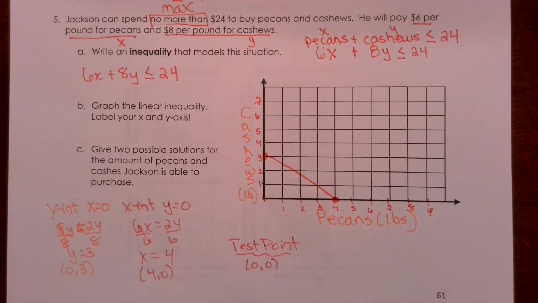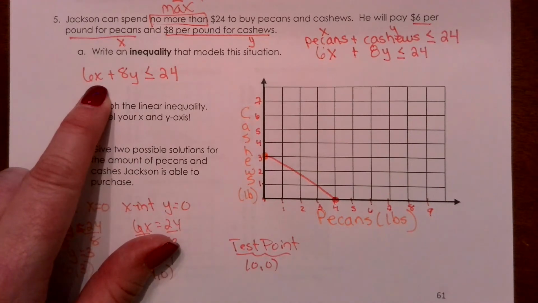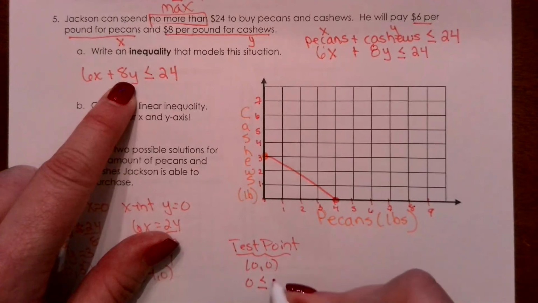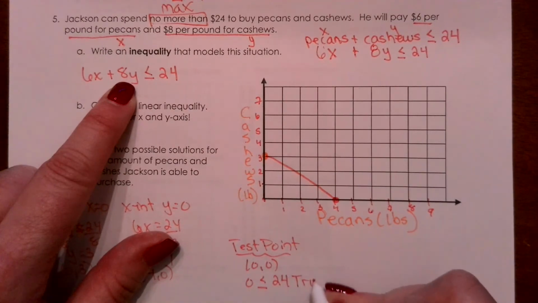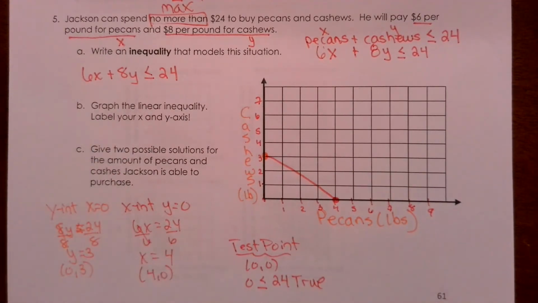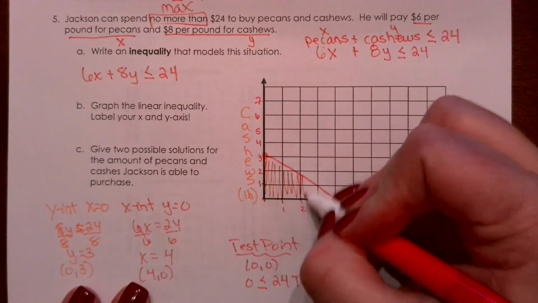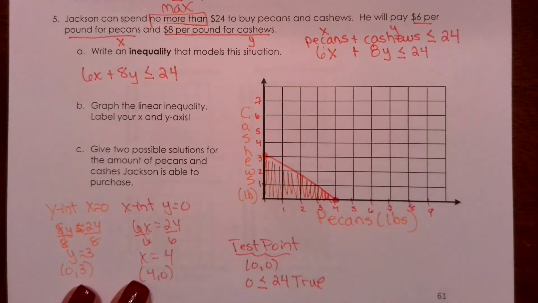My test point is 0, 0. I have 6 times 0, which is 0, plus 8 times 0, which is 0. Is 0 less than or equal to 24? It's true. So if you thought to yourself, there's no way I'm going to be shading above, you're right. All the possible pounds of pecans and cashews are under the line.